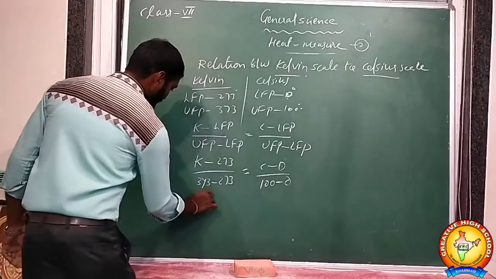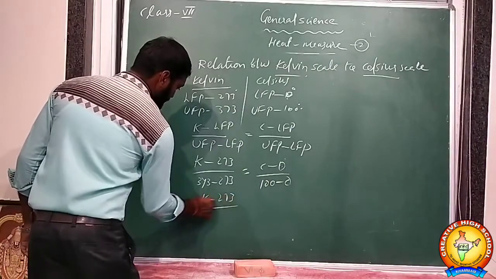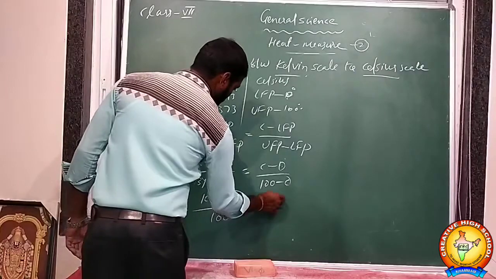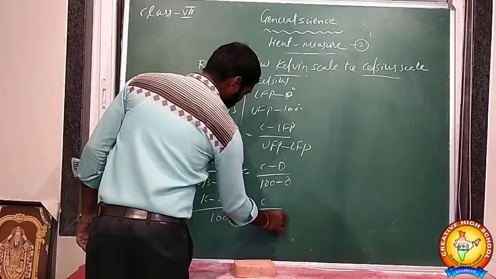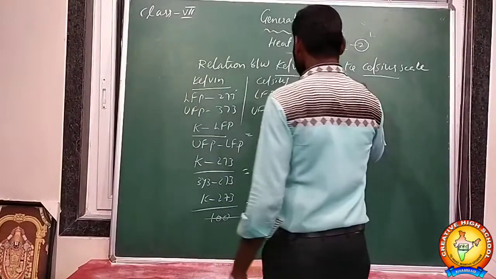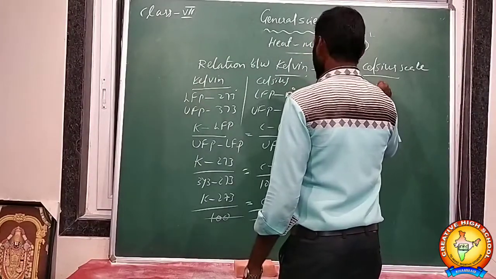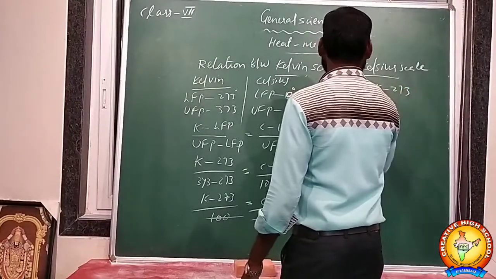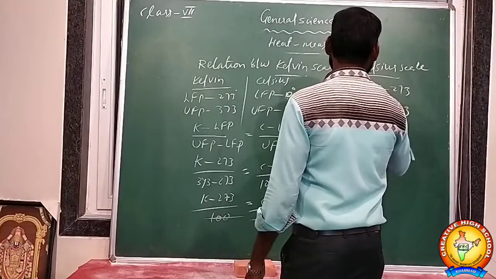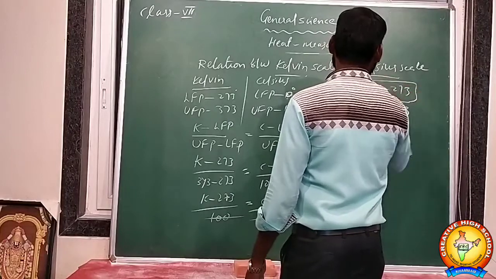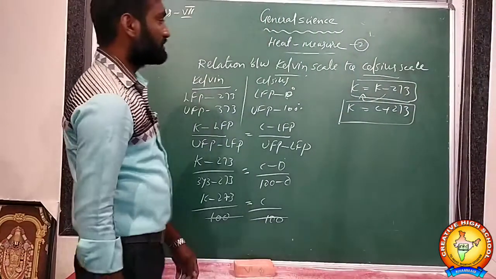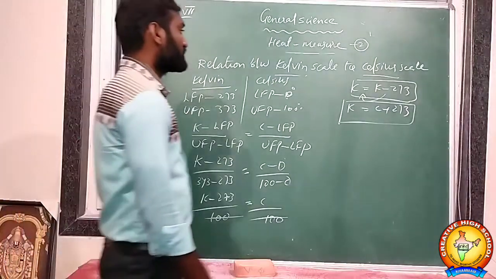We get K minus 273 by 100 equal to C by 100. The 100 gets cancelled. So we get C is equal to K minus 273, and K is equal to C plus 273. This is the relation between K and C.